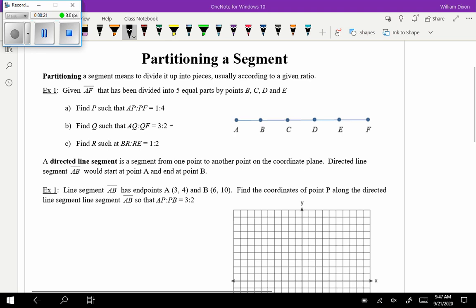Example 1. Given line segment AF that has been divided into 5 equal parts by points B, C, D, and E. Find point P such that AP to PF equals 1 to 4.